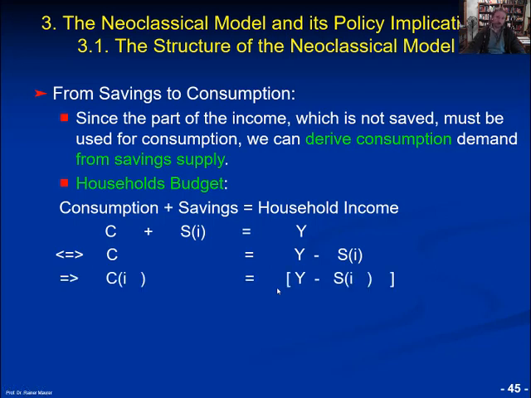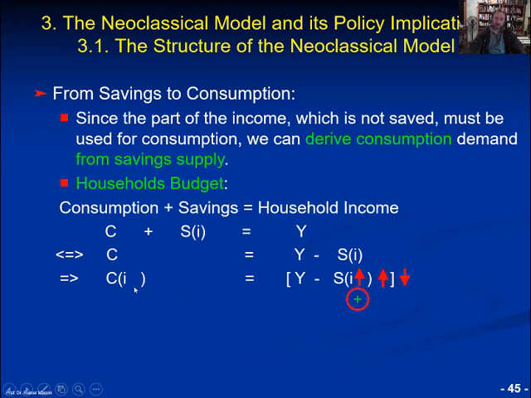Now we can determine how consumption must react if the interest rate changes. For example, if the interest rate gets larger, such that savings gets larger, because we have assumed a positive impact of the interest rate on savings, then the difference between income, GDP, and savings must get smaller.